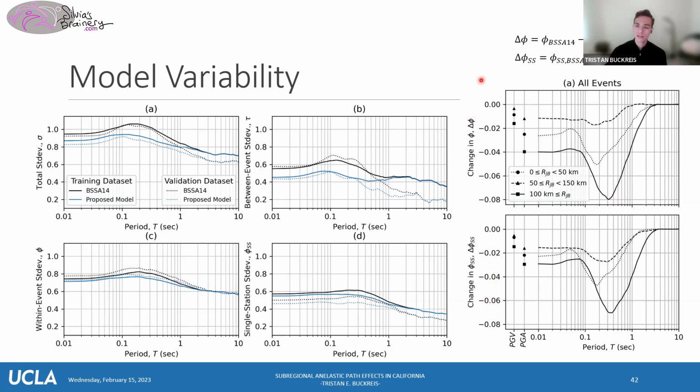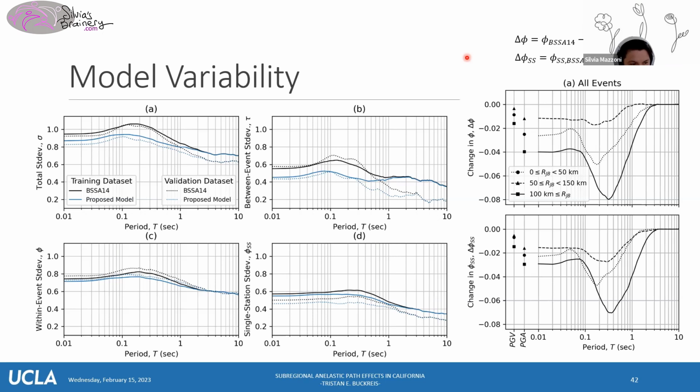So this shows all data, which includes short distances and long distances. But if we look at just the long distances, that's where we see the greatest improvement of our predictions. And I think there was something else I wanted to mention, but it slipped my mind right now.